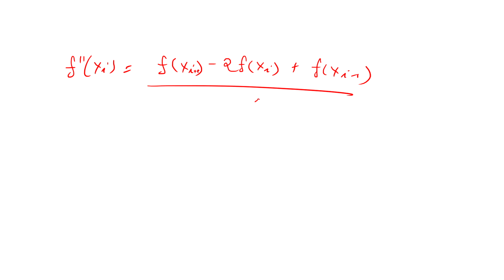So if I write down the formula again, that is f double prime of xi equal to f of xi plus 1 minus 2f of xi plus f of xi minus 1 divided by delta x square plus order of delta x square.